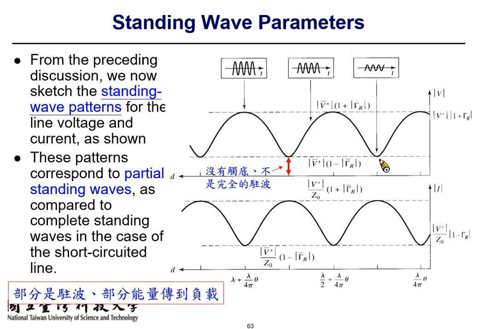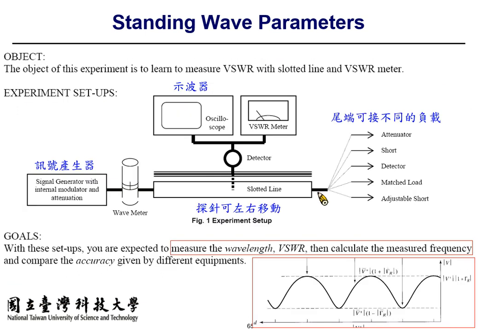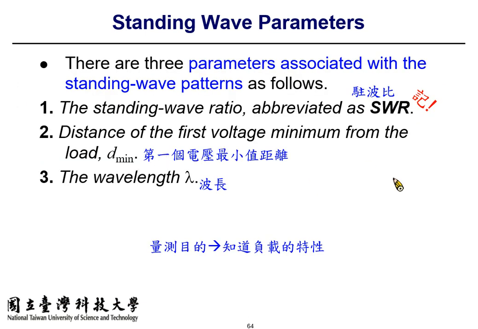So, yeah, that's the reason behind this definition. In the textbook we try to determine the phase of the reflection coefficient gamma using the first voltage minimum distance, D minimum.